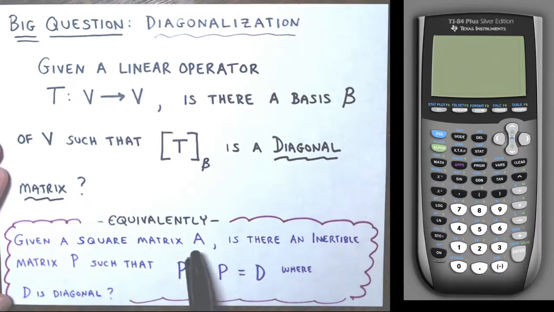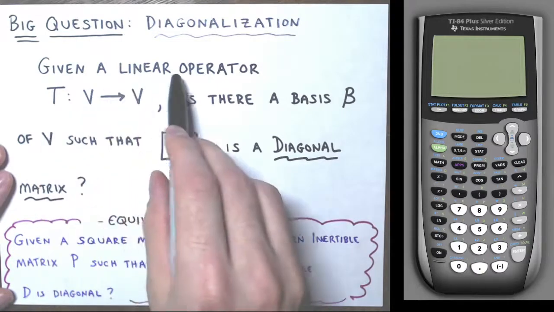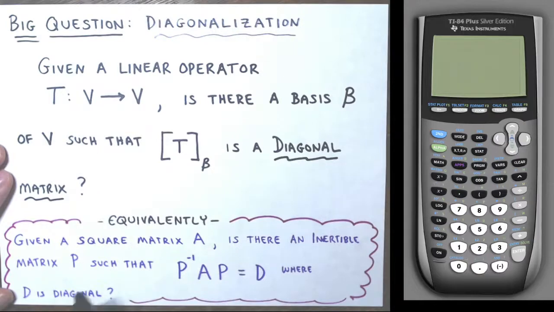Given a square matrix A, because remember, every linear operator can be represented by a standard matrix, a square matrix A. So given a square matrix A that would represent some linear operator, is there an invertible matrix P such that P inverse times A times P is equal to D, where D is diagonal? And we're going to see the answer to that question today.